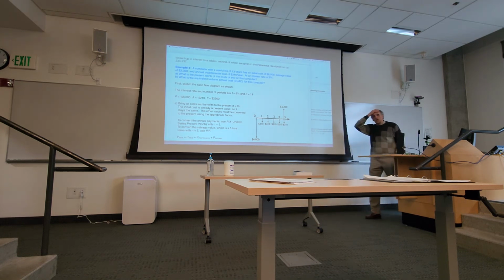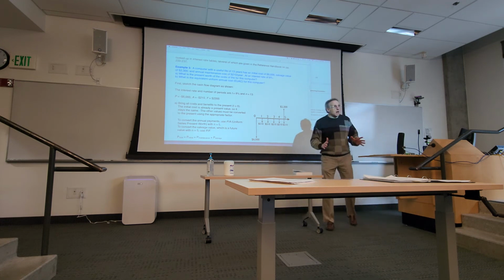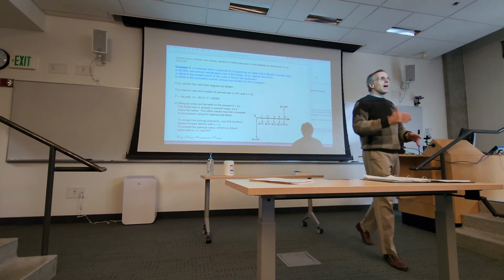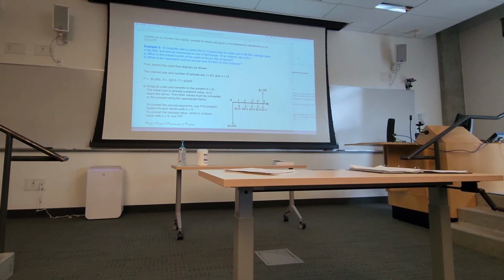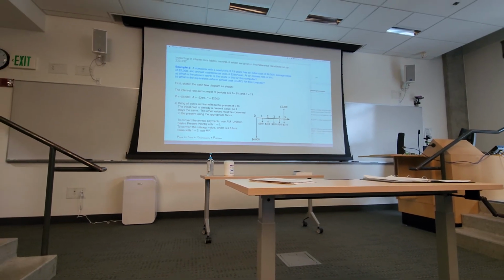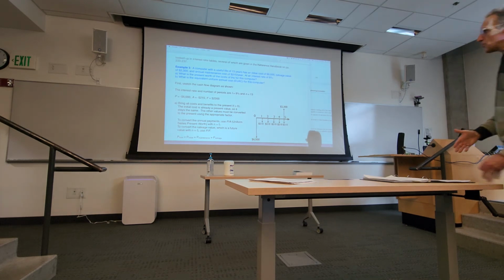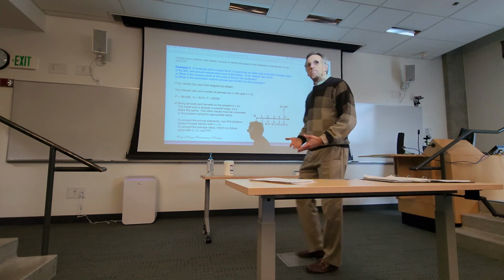Now, where does that 8% come from? A lot of companies, especially larger companies, will have an internal interest rate that they use to evaluate investments. This is called the minimum acceptable rate of return, the MARR. You'll see that term, M-A-R-R, minimum acceptable rate of return. What is that? Let's say I'm Amazon.